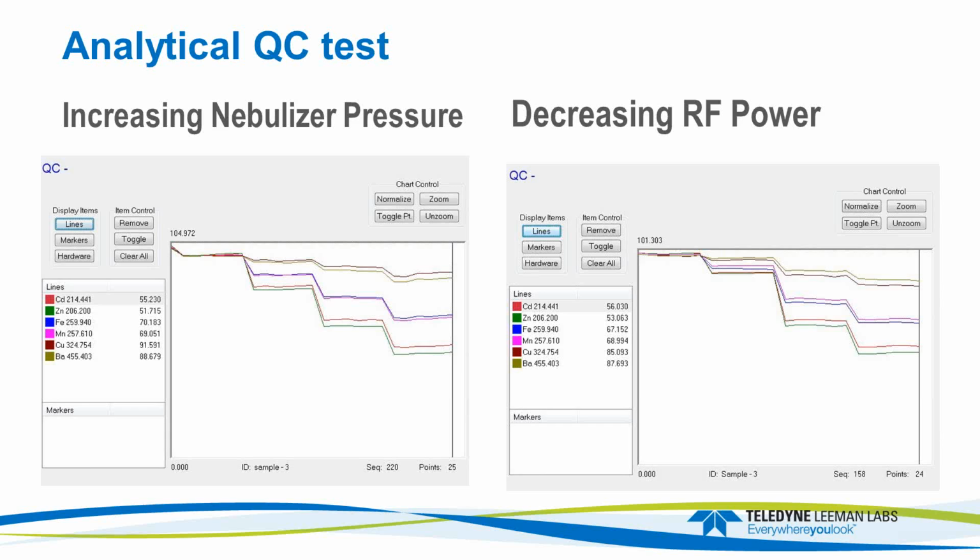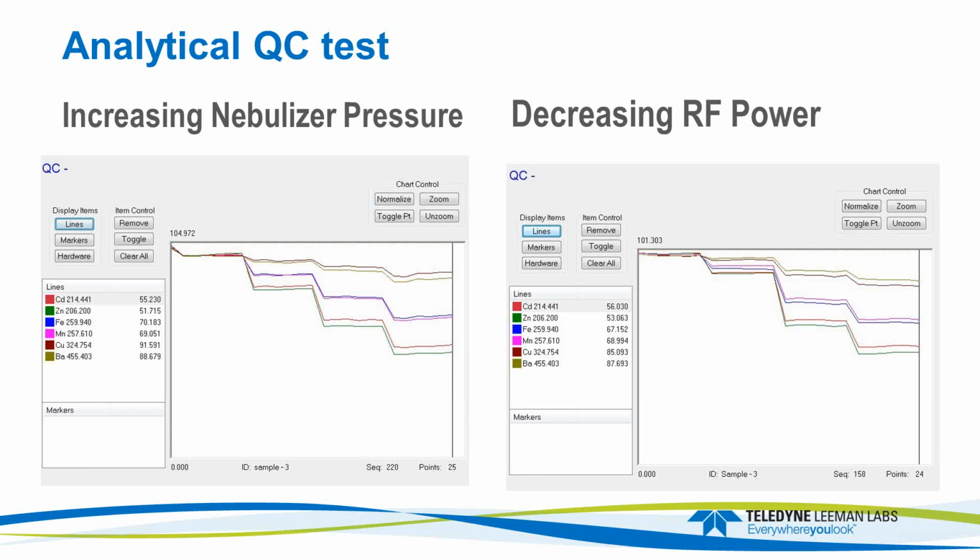If you look on the screen, you can see that the spectrochemical pairs go right with each other. So as we increase the nebulizer pressure, that's going to decrease the temperature of the plasma, similar to decreasing RF power. You can see the same situation on the right-hand side where I decrease the power.